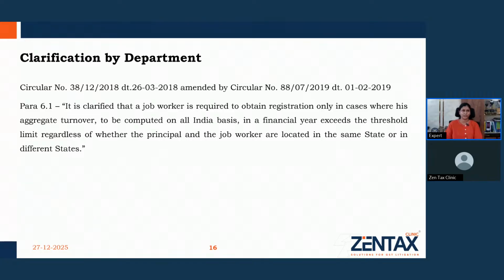So from the circular also, we can conclude that we should see the turnover on an all India basis, and not just if any interstate supply happens, they should get compulsorily registered.